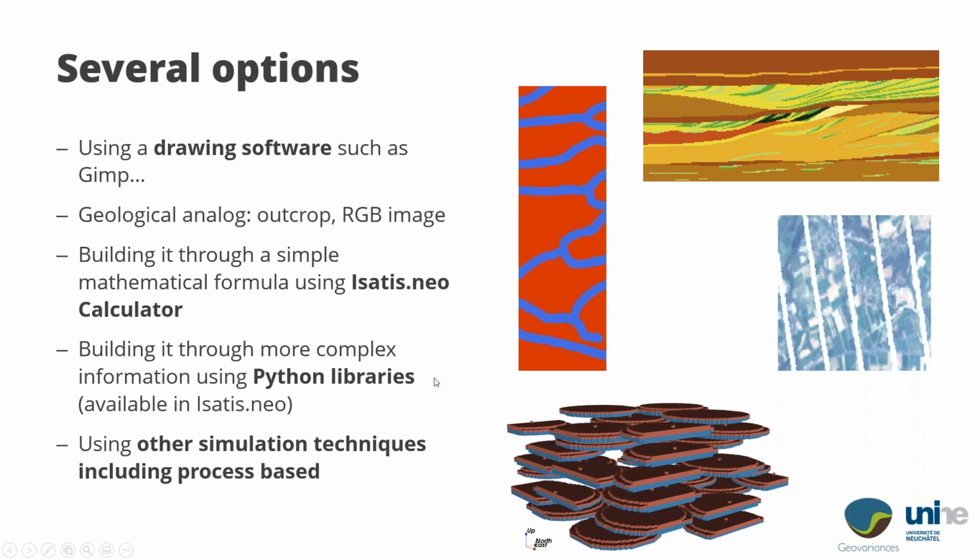And we can also work with Python libraries because it's available in Isatis.neo. And we can also use some other simulation techniques, including process-based. So it's very easy to work with the training image and to define the training image.